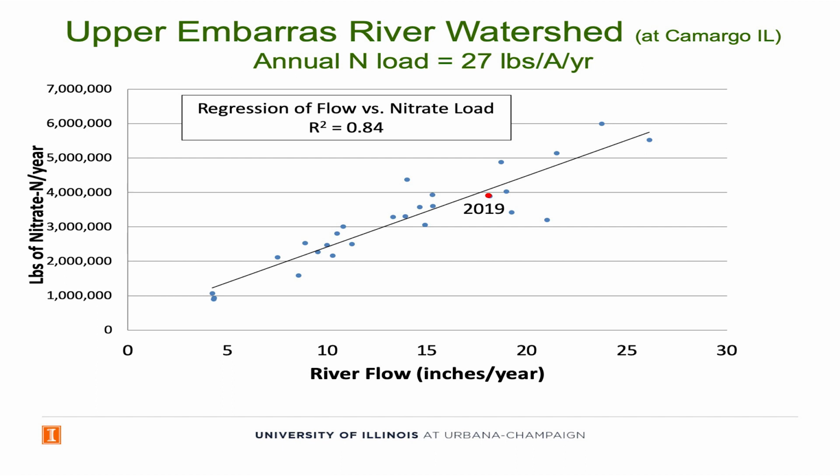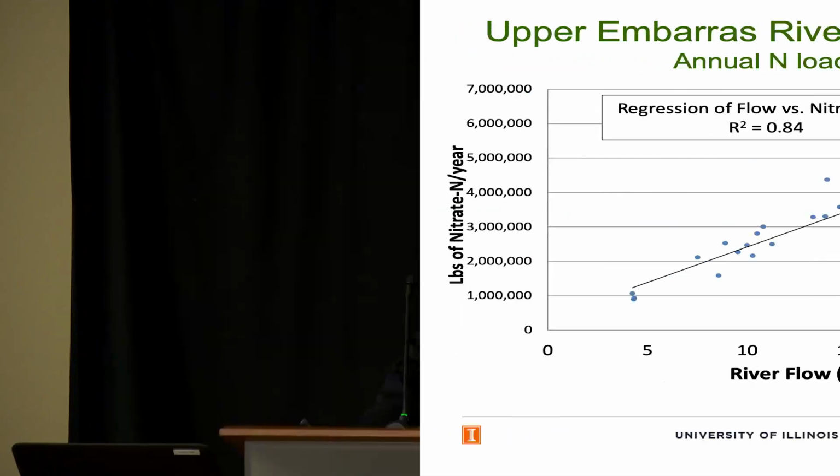And on average, we get about 13 inches of the precipitation to turn into river flow. We get about 40 inches of rain here. So about 1/3 of precipitation turns into river flow. But if we take 13 up to this regression line and over, we're losing about 3 million pounds a year down that small stream.